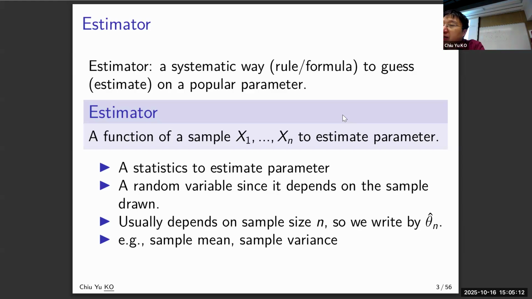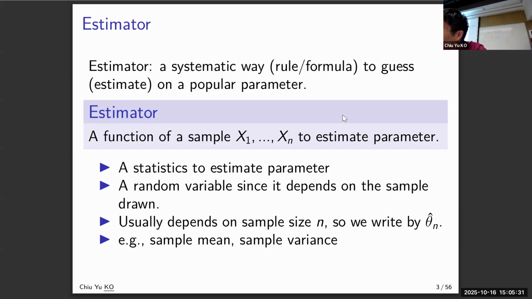An estimator is the way you estimate something. You want to estimate the population mean, the sample mean is your estimator. It's the way from data to a number that you use to guess the population parameter. Let me repeat what we are saying.